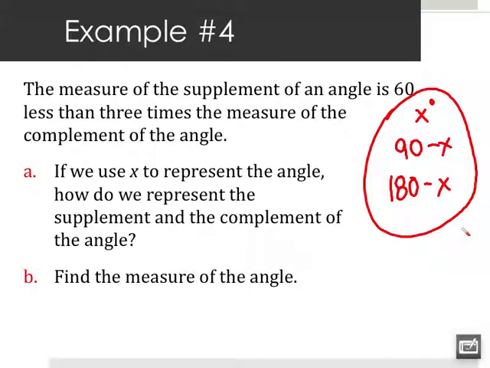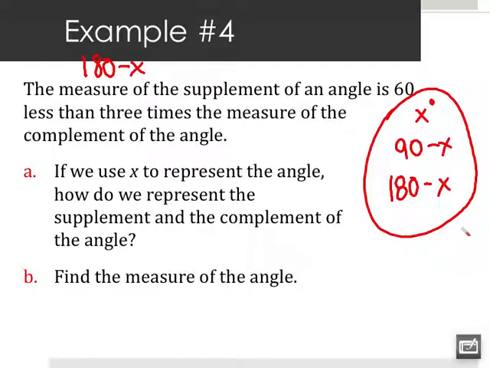How big's my angle? Do you have any idea how big it is? So what should we call it? X works just fine. So if x is the angle, how big is its supplement? Good, 180 minus x.